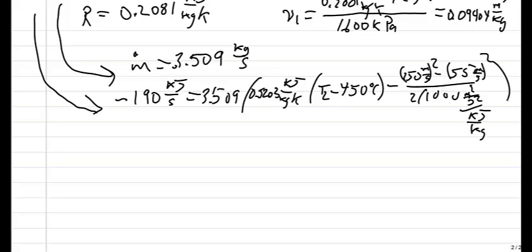And now all the units should work out properly. I should have put kilograms per second over here in the mass flow rate term. So there's only a single unknown. If we go through the mathematics, we end up with T2 equals 327 degrees Celsius.